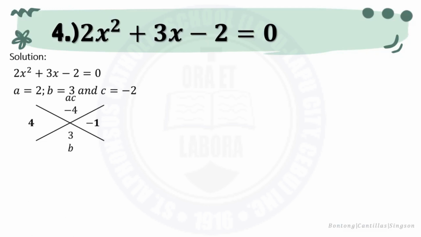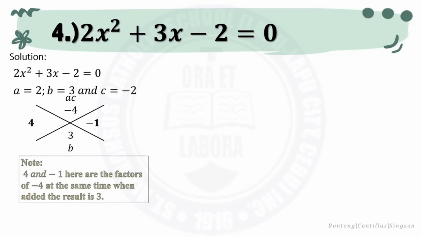Next, look for two numbers or two factors whose sum is B, which is 3, and whose product is AC, which is negative 4. Now, take note that 4 and negative 1 here are factors of negative 4, the AC, and at the same time, when added, the result is 3.